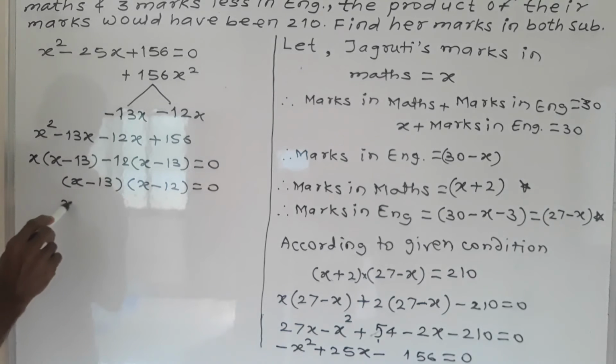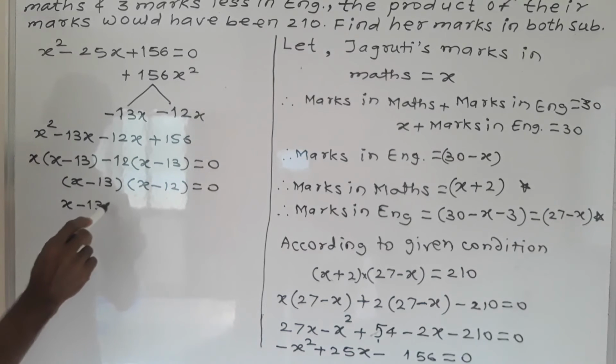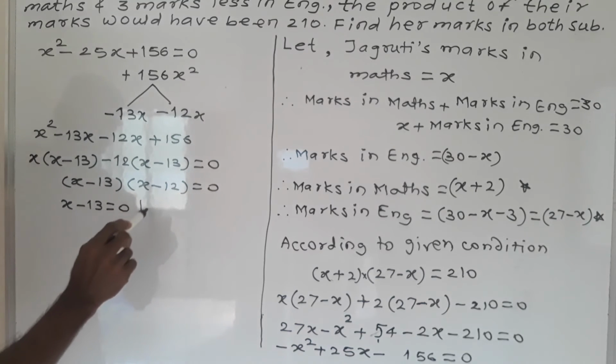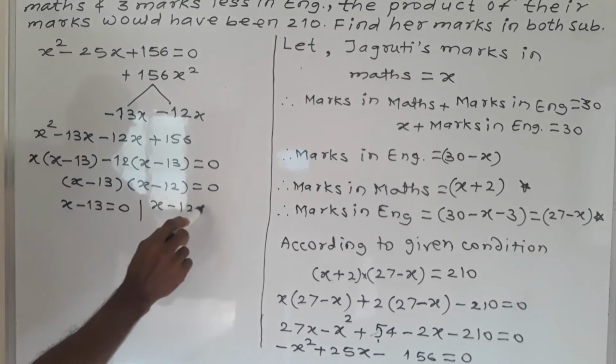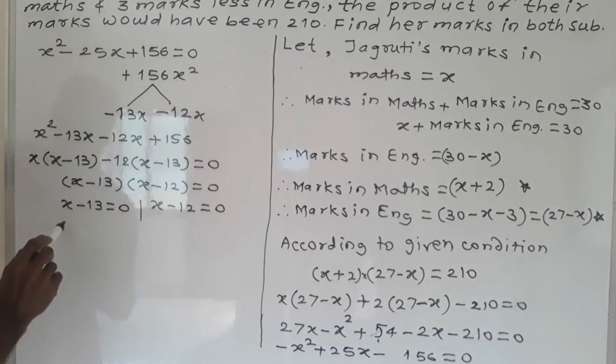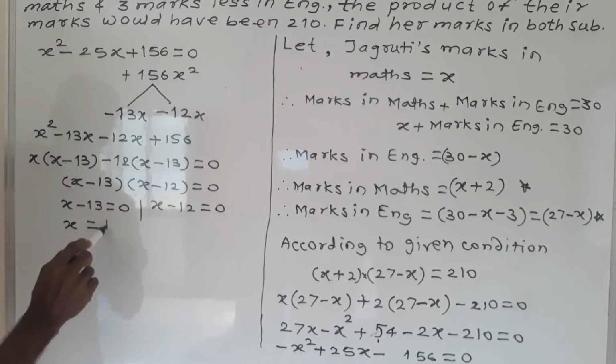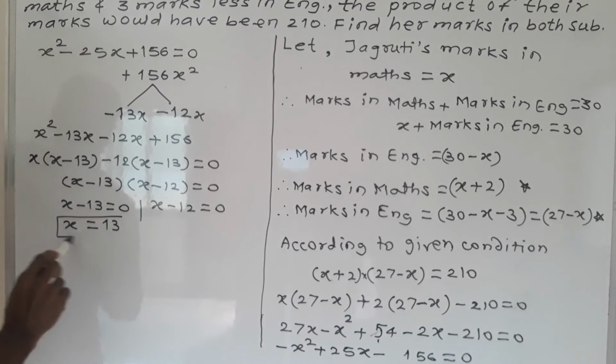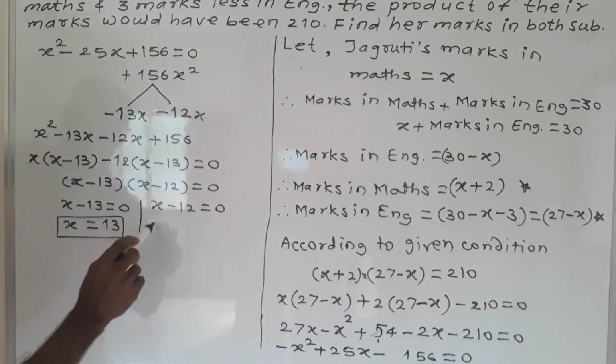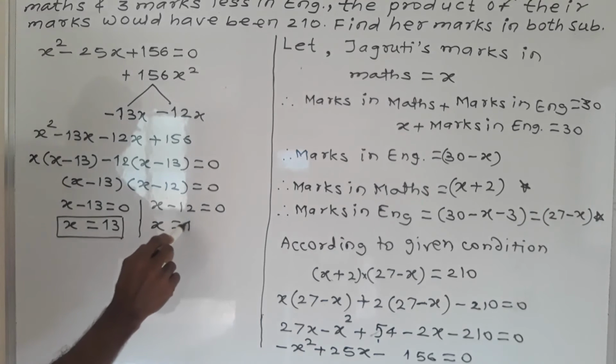Now therefore we write x minus 13 is equal to 0, or x minus 12 is equal to 0. Therefore x is equal to 13, or we say x is equal to 12.